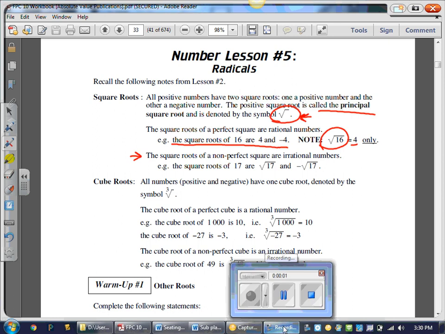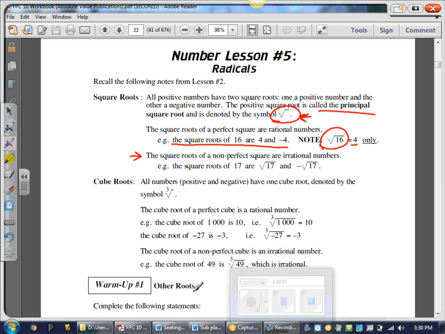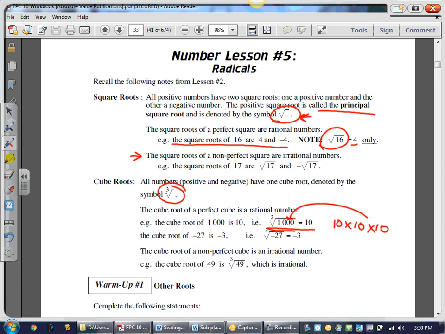Okay, cube roots. All numbers that have a cube root will be denoted by a little 3 up in the radical sign, like this. That means you need 3 numbers to multiply together to give you the number under the radical sign. So the cube root of 1,000 is 10, because 10 times 10 times 10 gives you the 1,000 that's under the radical. We talked about this before.